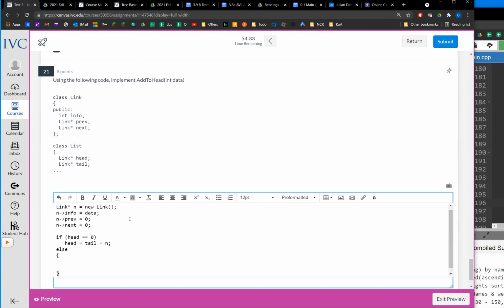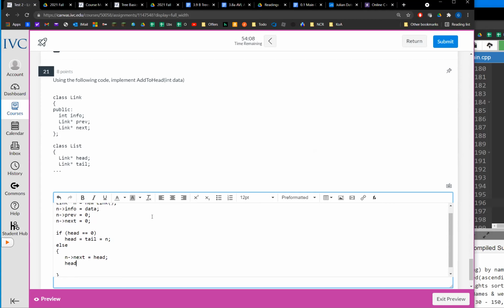Otherwise, just add to the head. So n next equals our existing head. And previous, since this is the head, it's still going to stay 0, so we don't have to worry about that.